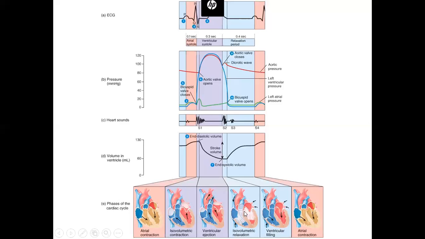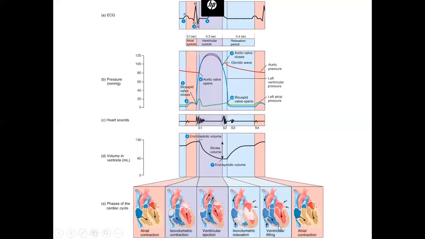Then we start to relax. That's very evident here with our blue line going right back down towards the bottom, so that we get to the point where, once again, we establish a pressure gradient where the left atrial pressure is higher than left ventricular pressure, and the flow of blood can start to go back into the ventricles.